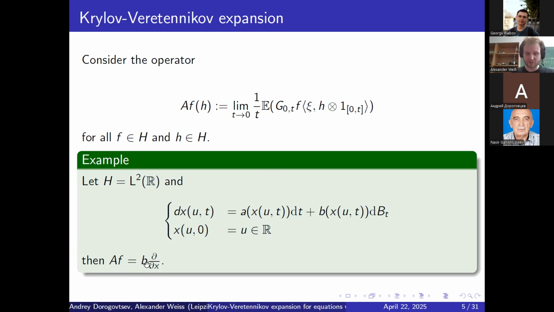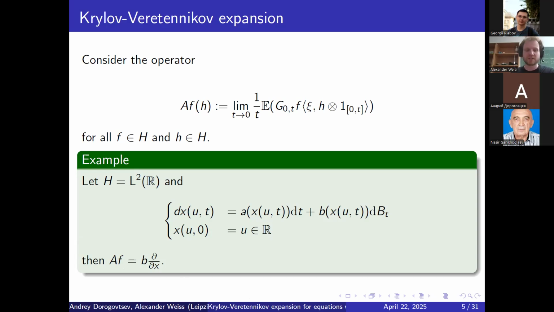From this we can already see that this is not applicable to all functions f, but only to C2 functions, because in order to prove this, one has to apply Ito's formula.